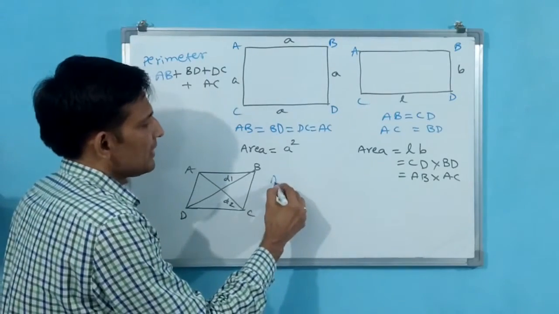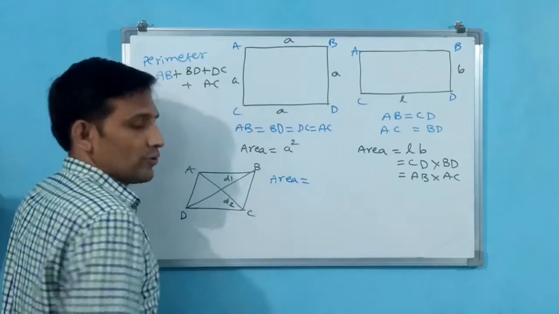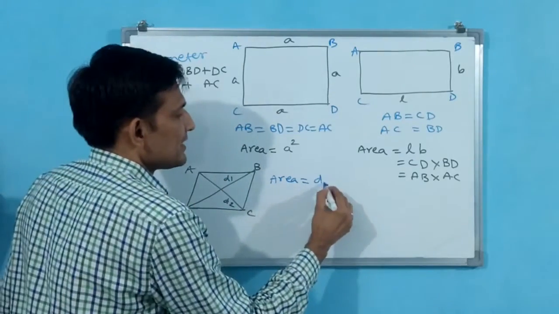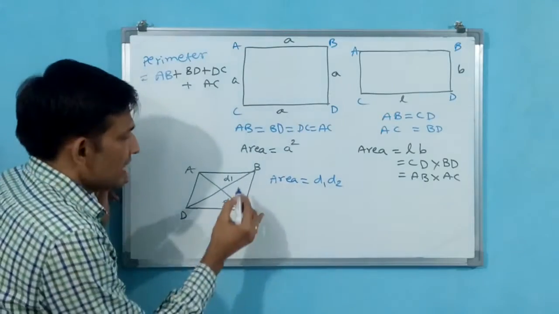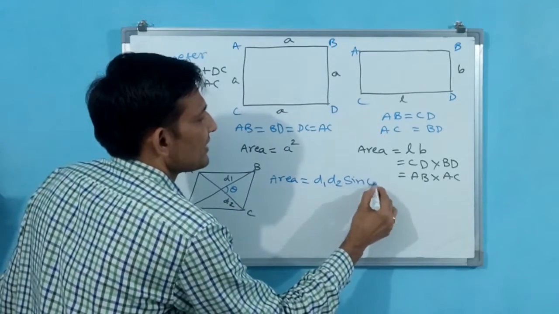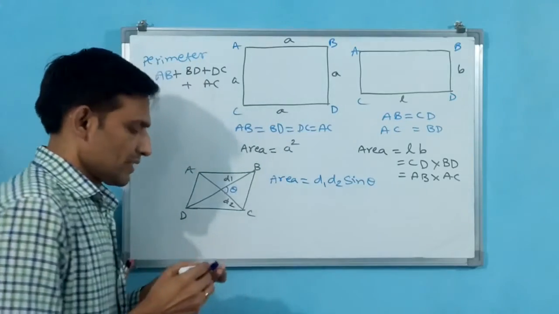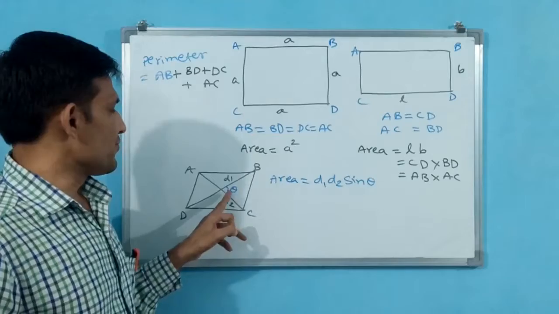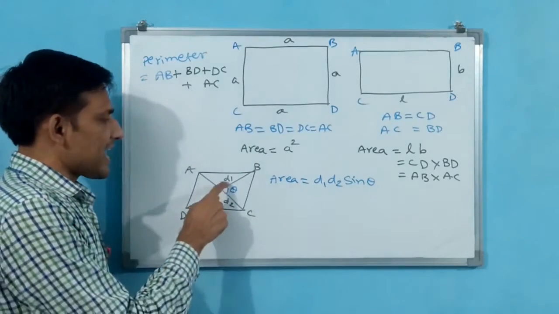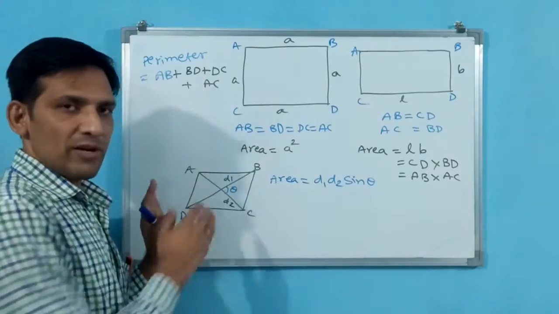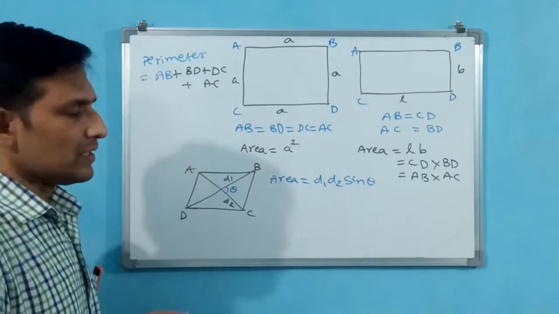Area of this parallelogram is equal to D1 into D2 into sine theta, where theta is the angle between the diagonals D1 and D2. This is the formula for the area of this parallelogram.